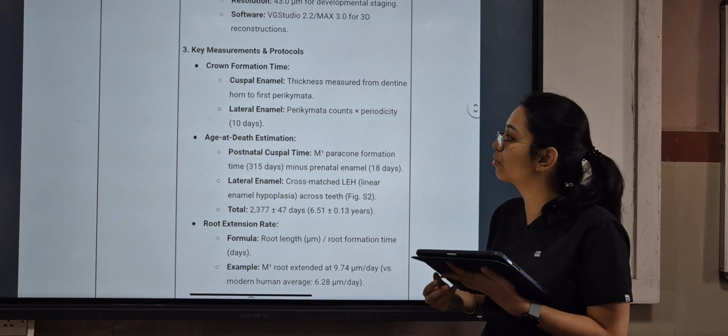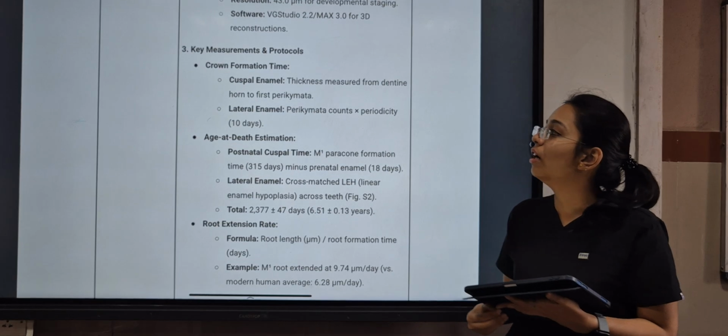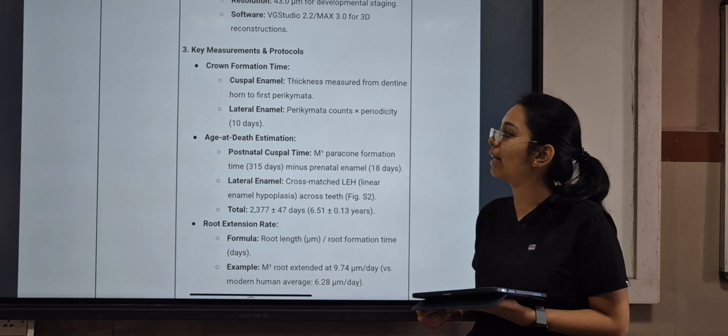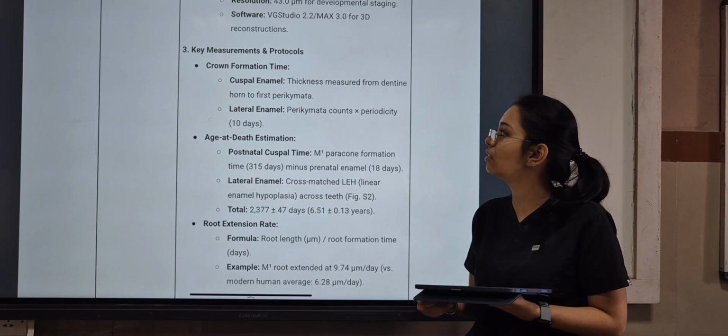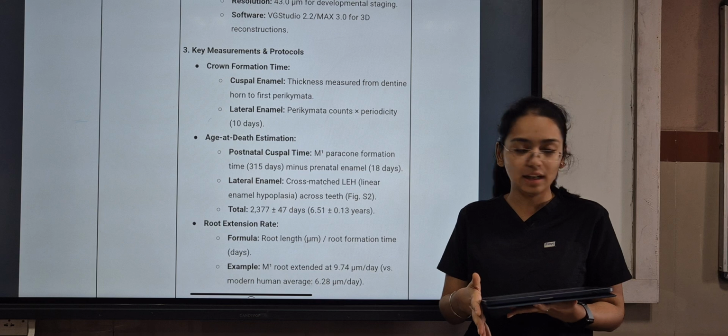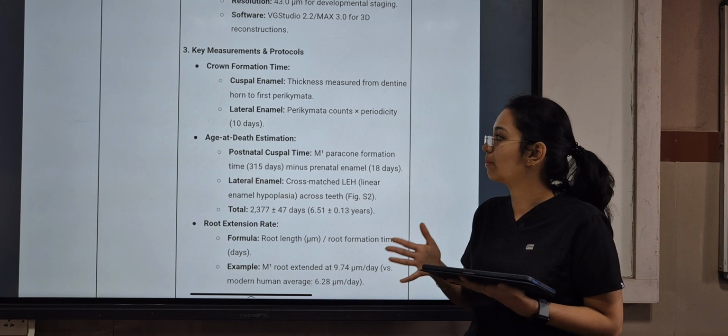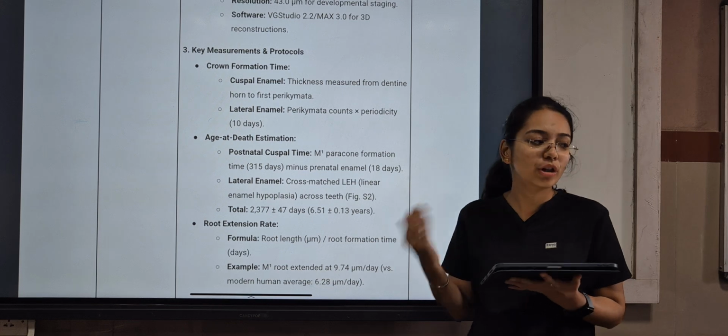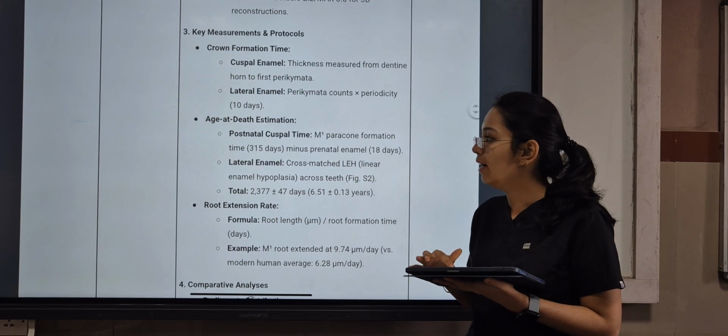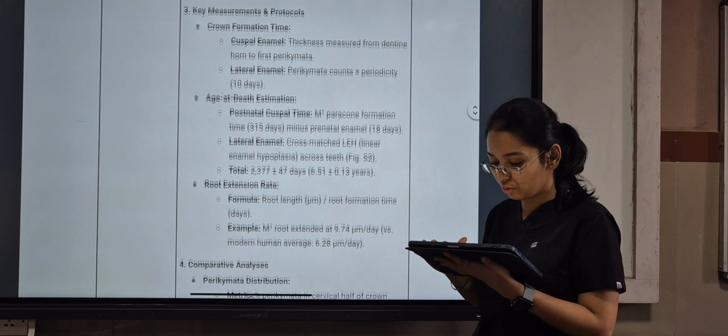And the key measurement protocols that were used were crown formation time. The cuspal enamel thickness was measured from the dentinal horn to the first perikymata, and the lateral enamel perikymata, found in the periodicity of 10 days, were studied and noted, and age at death estimation was also done.